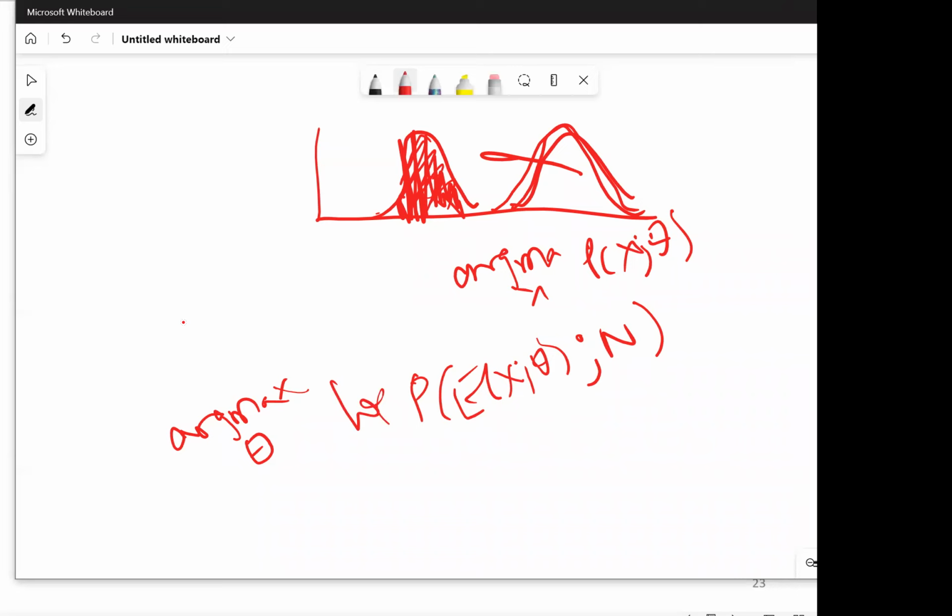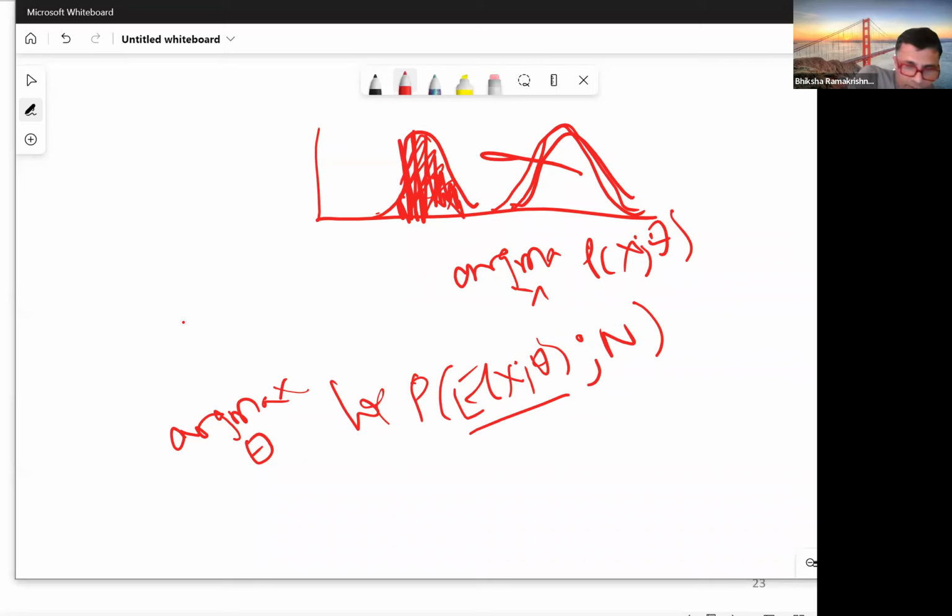The N stands for the normal distribution, and this is the encoding. Is that making sense? So you're saying that instead of trying to fit the Gaussian to the data, now you're trying to fit the data to the Gaussian. Exactly. What is the thing before the P? That's a log. That's how I write a log.